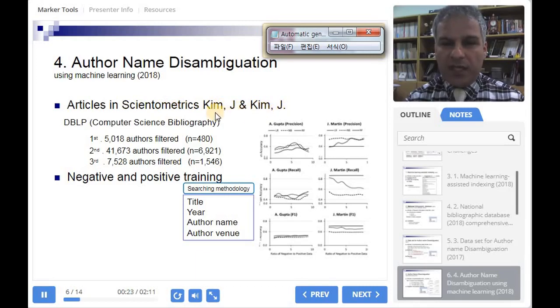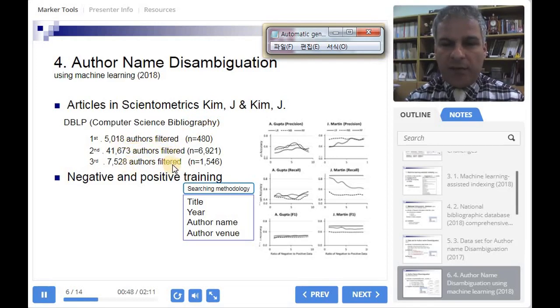You see the first initials are the same, but they are different persons, different names. This article was published in Scientometrics, and they used the computer science bibliography dataset. They had 3 filters.